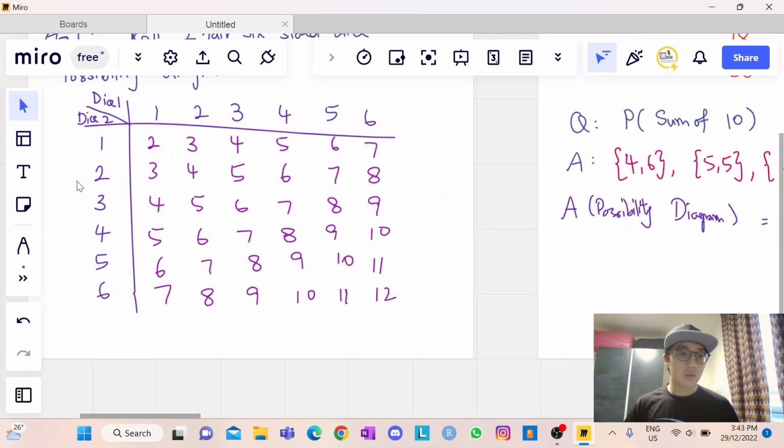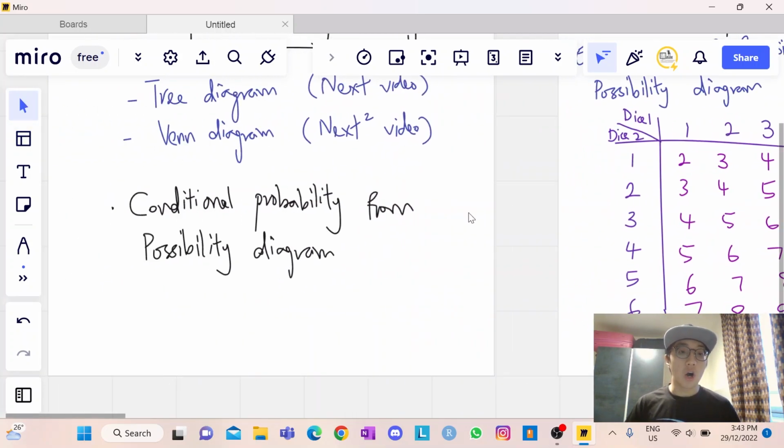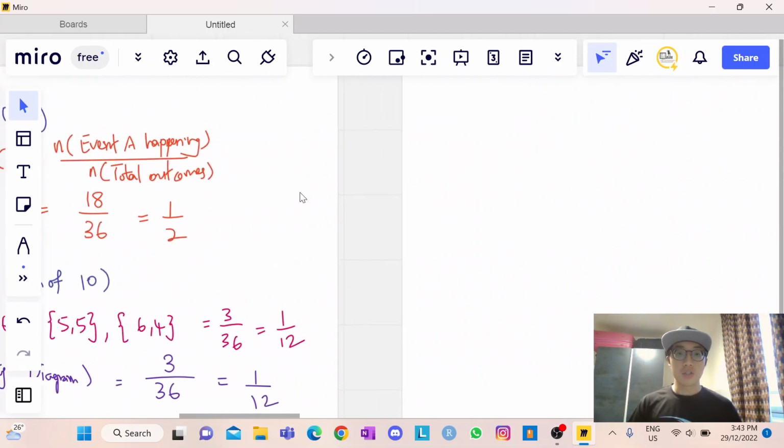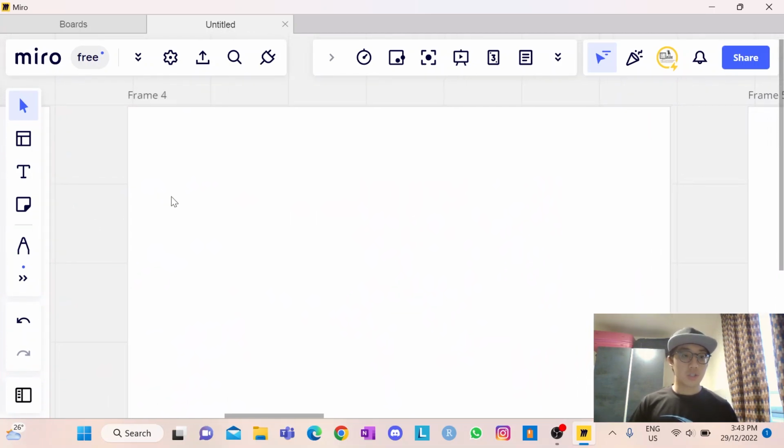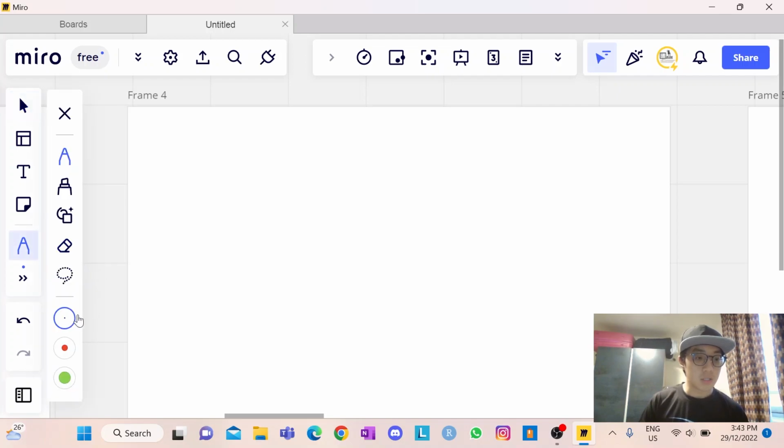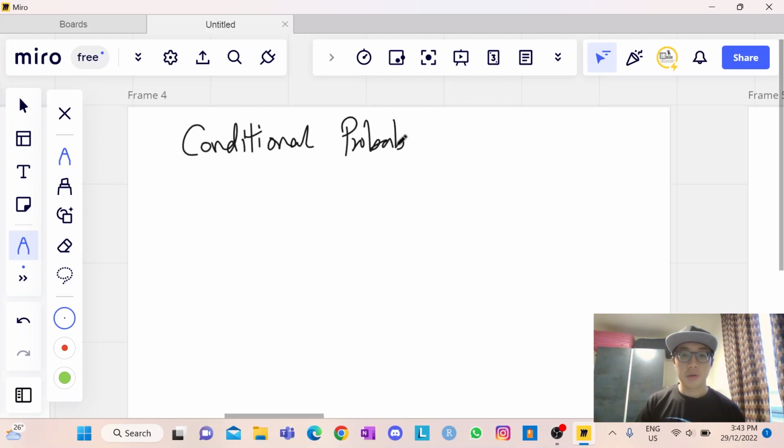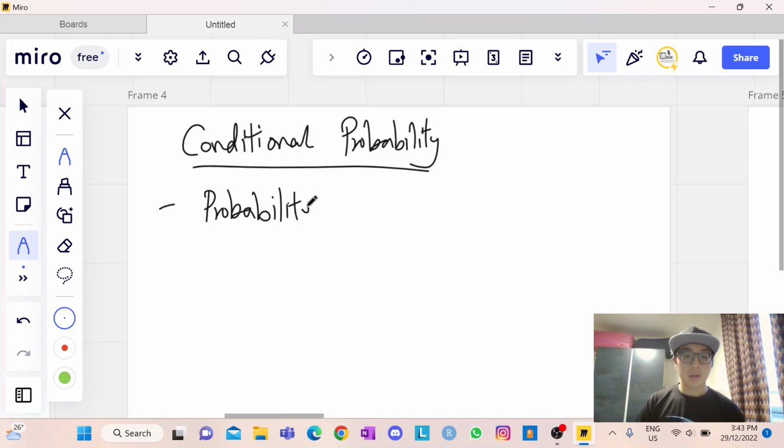And next we're going to look at what a conditional probability is. All right, so I'm going to write down here, a conditional probability is the probability of A happening.